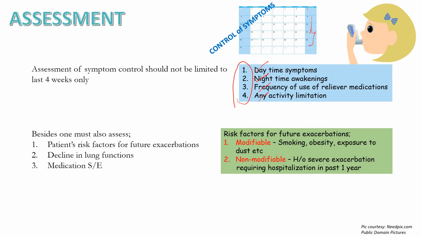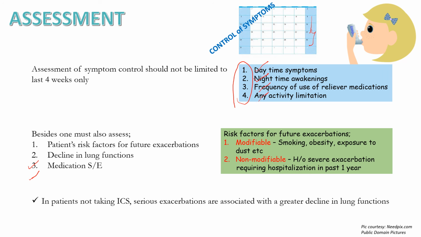Besides symptom control and the patient's risk factors for future exacerbations, one must also look for any decline in lung function. This means that if possible, the patient should be subjected to pulmonary function testing at follow-ups, and one should also look for any side effects of the medications the patient is already on.